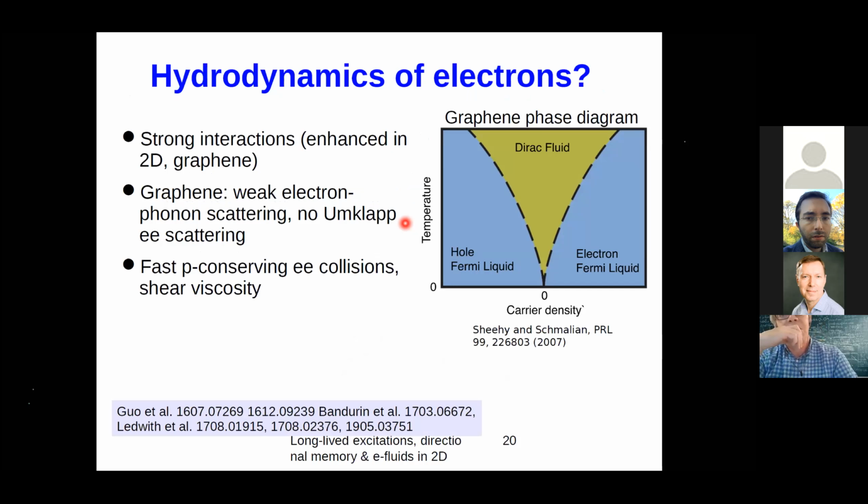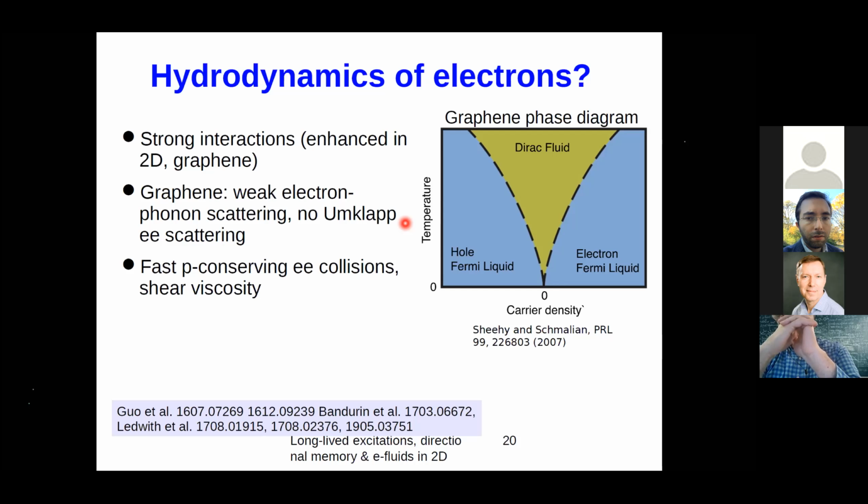The two-dimensional system that has been studied most actively is graphene, which is atomically thin, so electrons are in 2D but interact with 3D Coulomb interaction, which is essentially unscreened, and so it is very strong. That's a good system to look for hydrodynamic behavior.